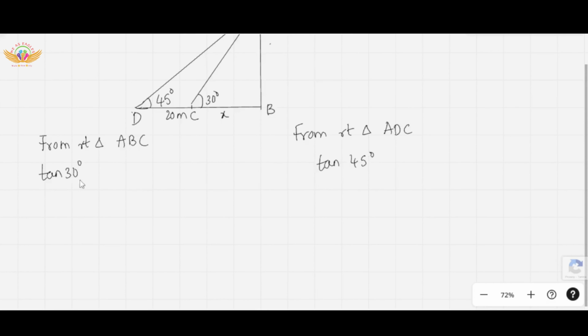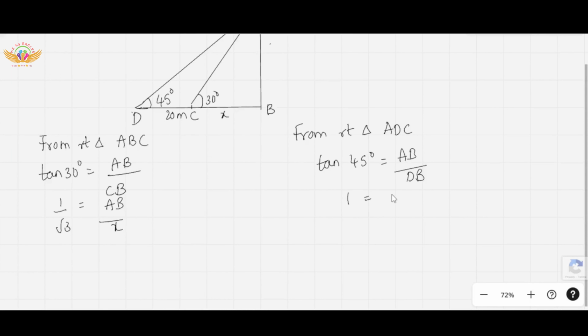What is tan 30 degrees? Opposite is AB, adjacent is CB. And in the other, the opposite side is AB and the adjacent is the entire part, DB. Now substitute: 1 by root 3 equals AB by CB, and CB we assumed as x.